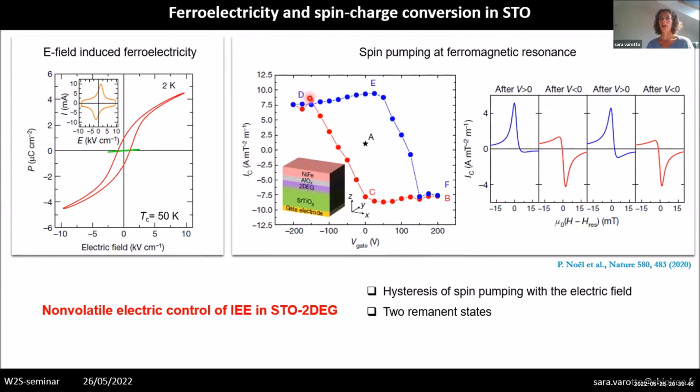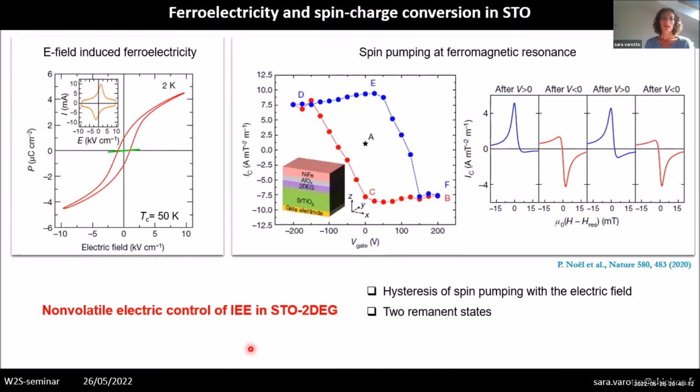And by changing the gate voltage progressively, they obtain a hysteresis loop that reminds of the ferroelectric polarization. So this is the first demonstration of non-volatile electric control of the inverse Edelstein effect in an STO two-dimensional electron gas with two different remanent states.